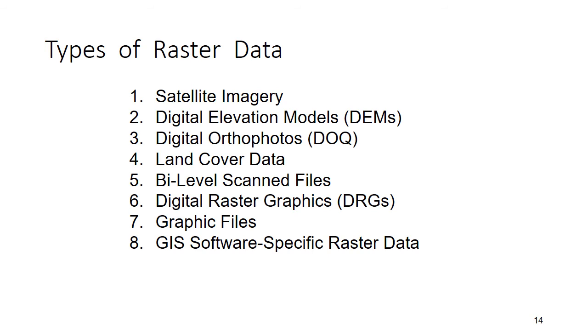Digital raster graphics, DRGs, are the same as DEMs, or scanned and graphic files, which we mostly do in our paint shop, such as JPEG or that type of bitmap, .bmp, RTF. All those files are graphic files. Now, GIS software specific raster data.